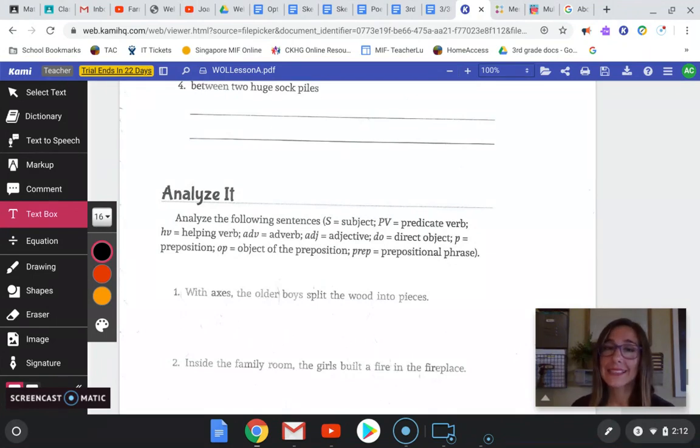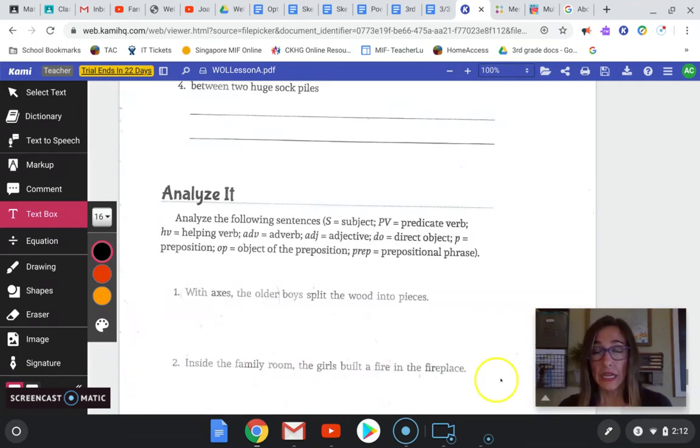So, the is an adjective element because it modifies a noun. Into pieces is an adverbial element because it modifies the verb. It is an adverbial prepositional phrase. With axes is an adverbial element because it modifies a verb. It is an adverbial prepositional phrase.